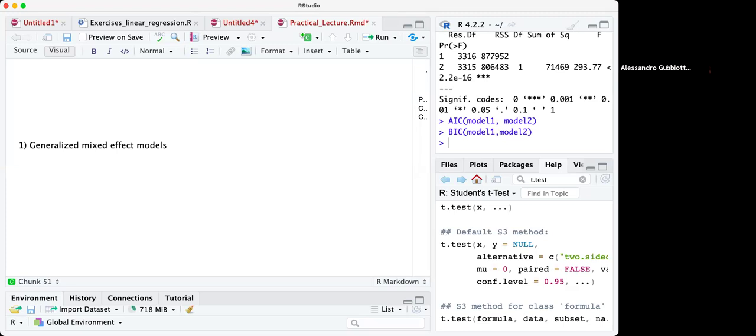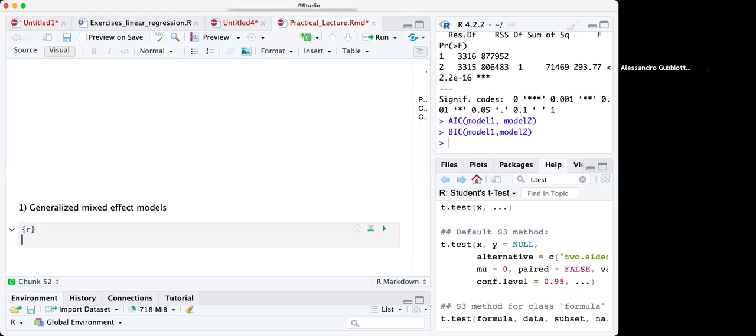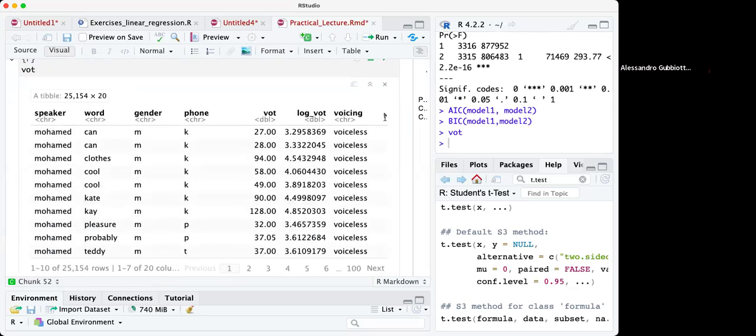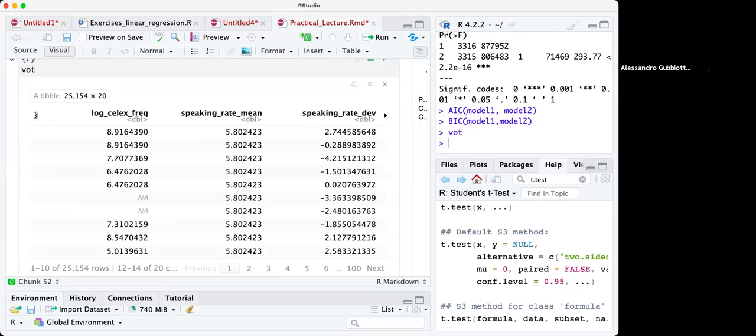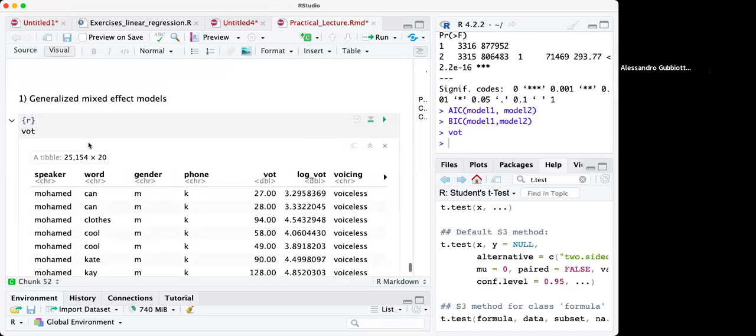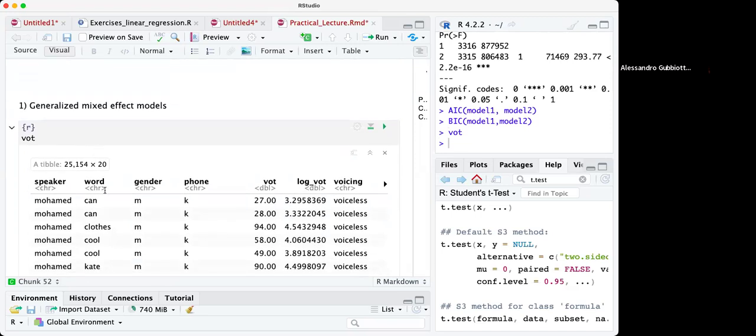In many cases, the data in linguistics comes from, in this case for the vote dataset, there were only 20 speakers. So the columns are not really independent. I'm doing a t-test, not taking into account that the samples are not independent.